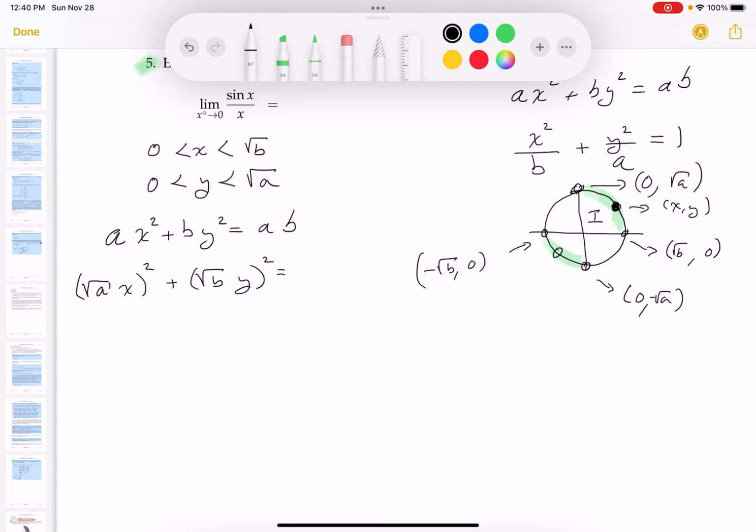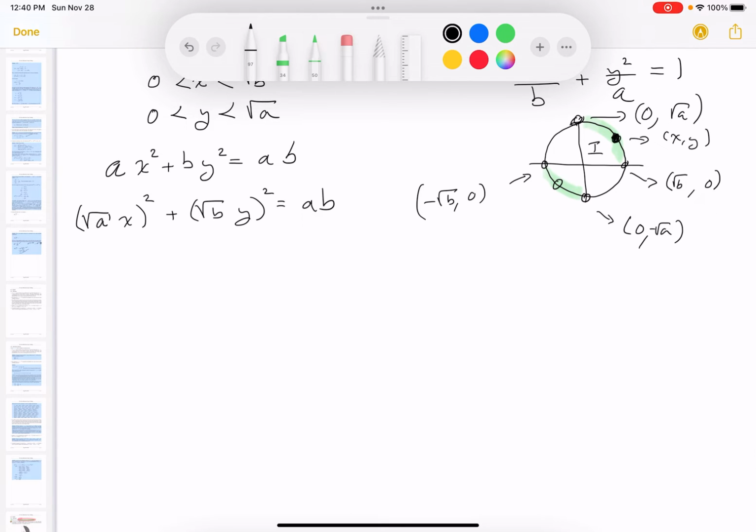I want to get an xy in it, so I'm going to introduce a minus 2 root ab xy term.